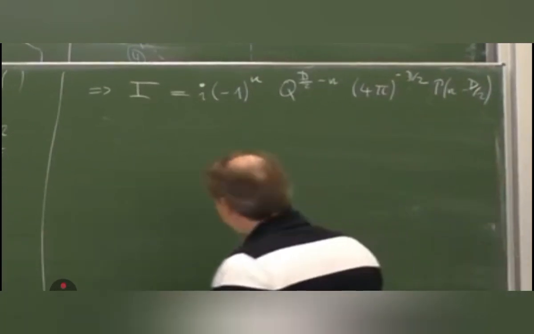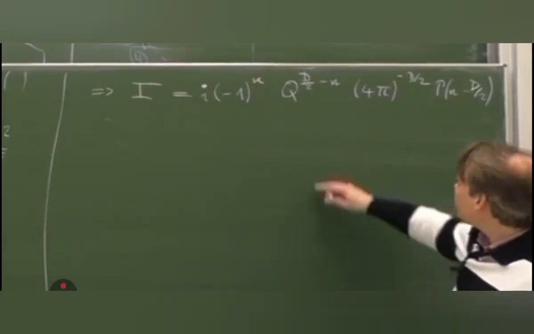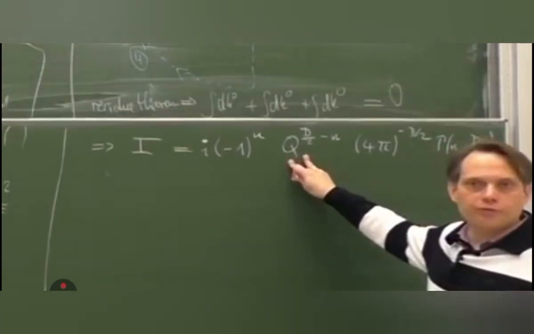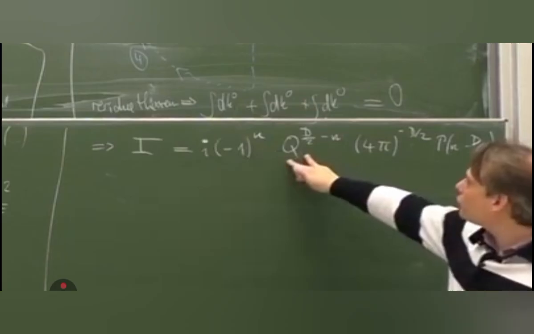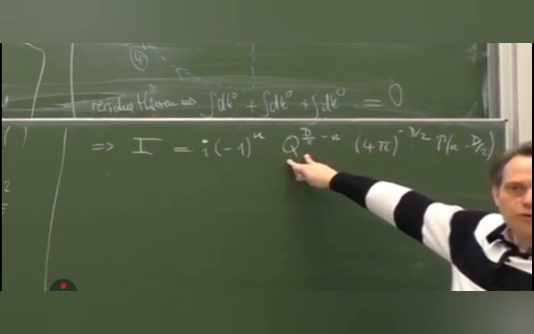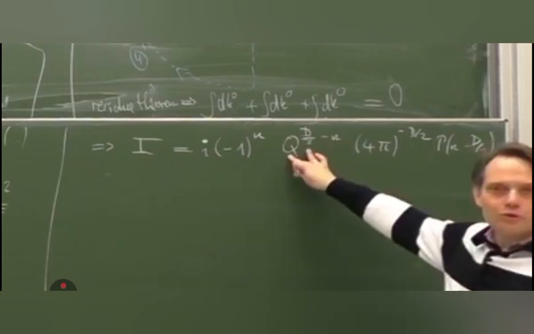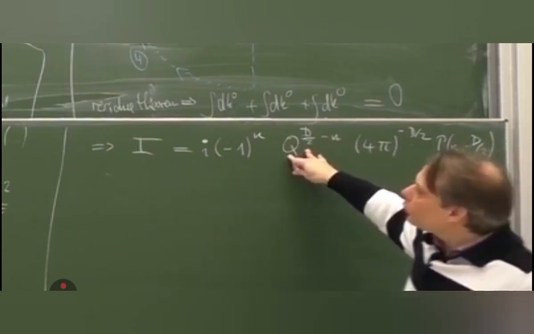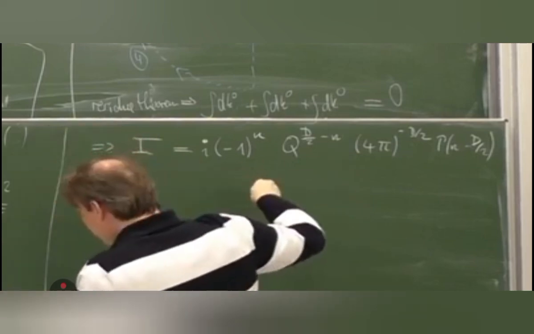And this is the nicest way you can write it. So that's actually a very compact result. It contains our physical variable q. Q is the only physical quantity in the integral, which the result must of course depend on. It contains this q to a certain power in a power-like quantity. And actually you could have guessed this power behavior from the very beginning, because actually the mu is missing.